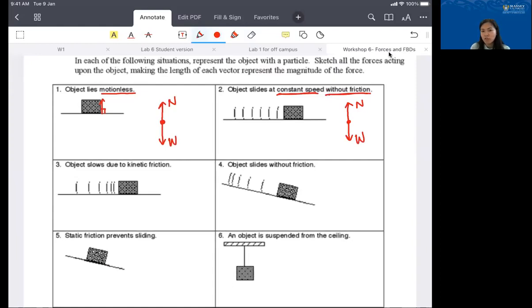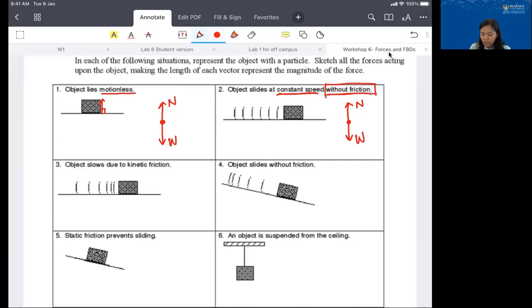Newton's first law of motion says that if the object is moving with the same speed in the same direction, then net force is equal to 0. So the net force along the horizontal should be 0. And since the problem specified that there's no friction, then there should be no applied force as well.